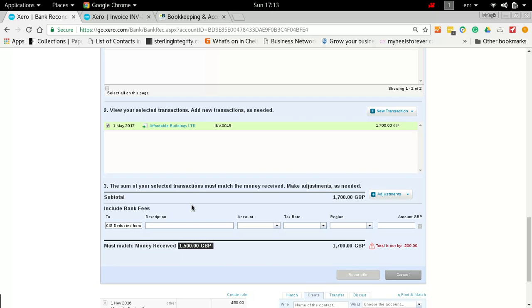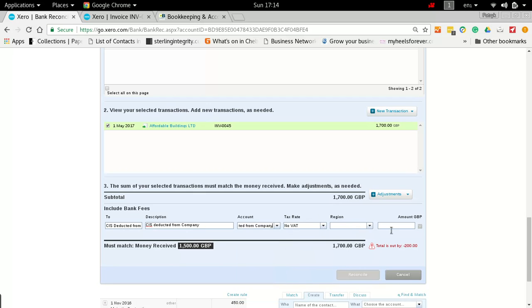Now, this is one way of doing it. Description: CIS deducted from company. An account, now that's where the accounts come into play. So I found Construction Industry deducted from company. You could find it by just typing construction industry, from subcontractor and from company. There you go.